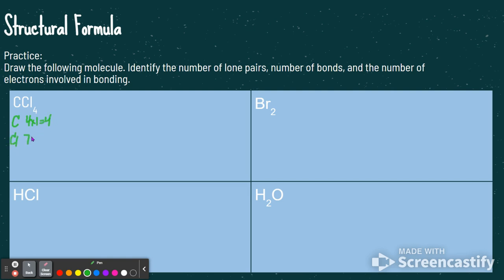Chlorine has 7 times 4, so that's 28. And so I've got 32 electrons to work with, okay? And that actually fixes the last thing that was asked for. I know that carbon can bond 4 times and each chlorine can only bond once, so it makes sense to put carbon in the middle and then each of my chlorines around it.